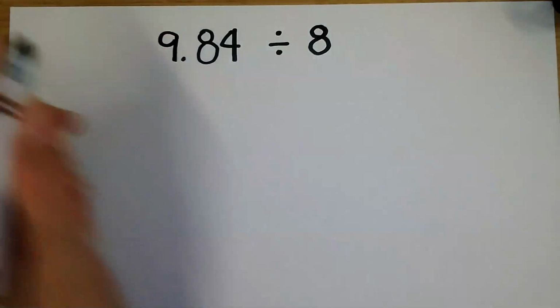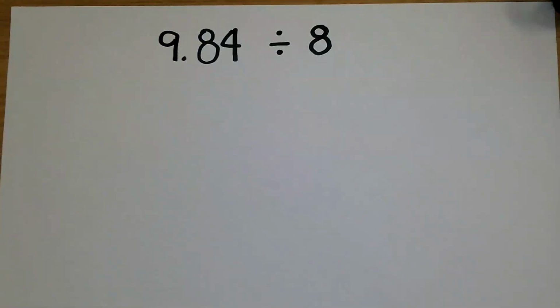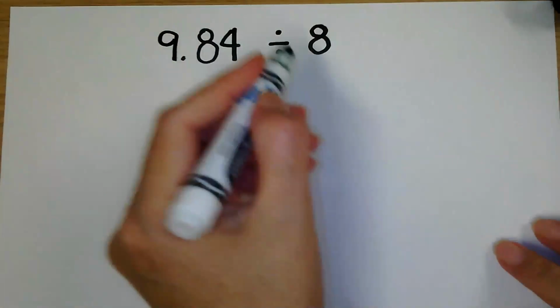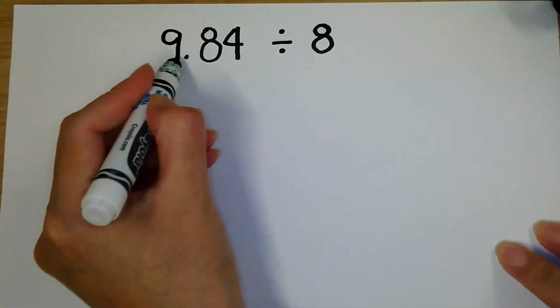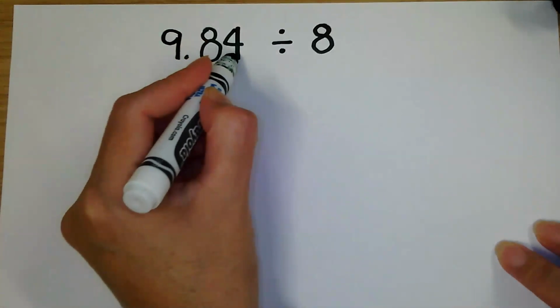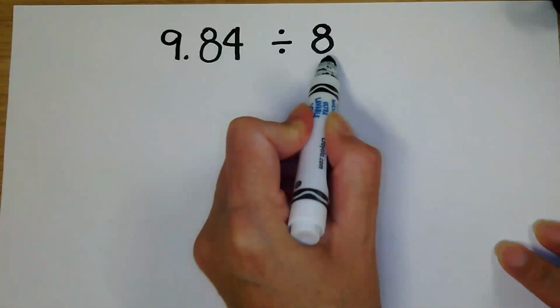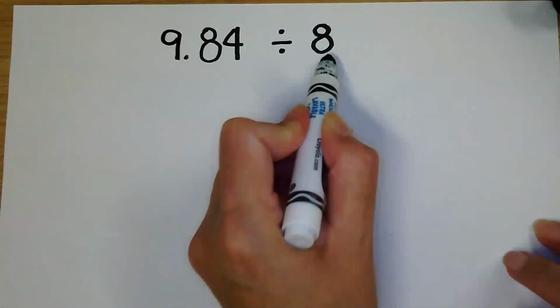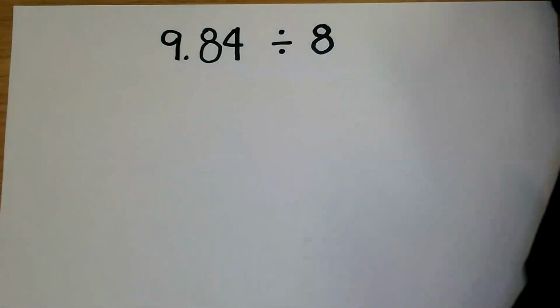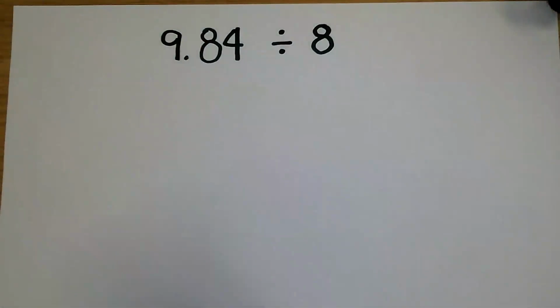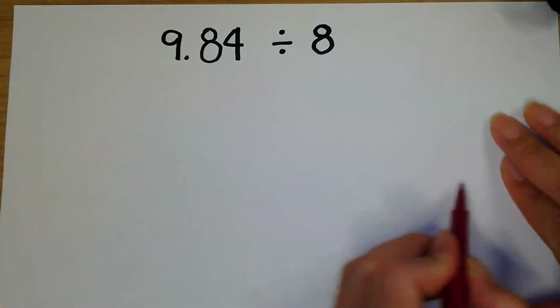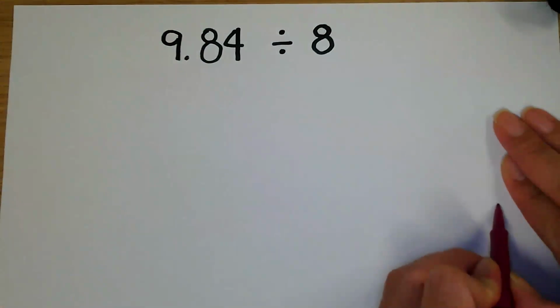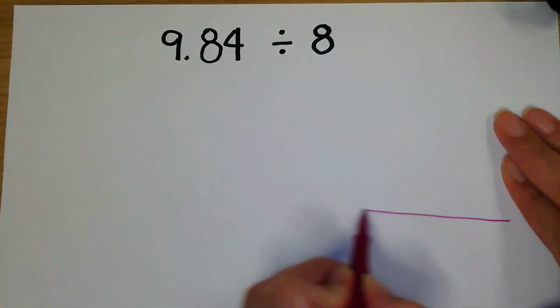First of all, we need to know that we are dividing these 9 wholes and 84 hundredths by 8 different groups. So I am going to divide my paper into 8 different groups.